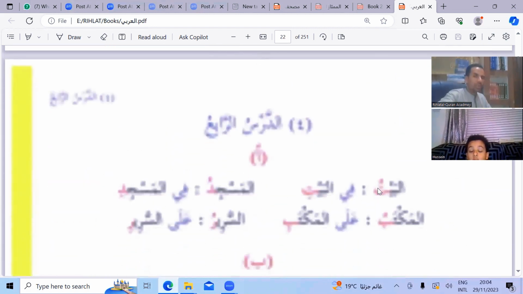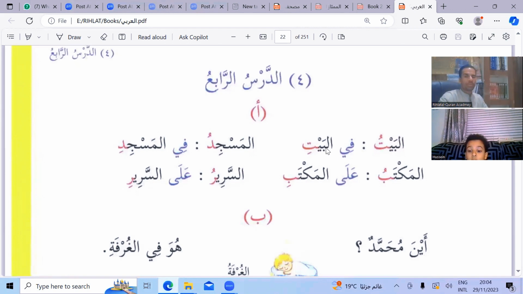So today we discussed one of the Arabic prepositions, which is fi. What does fi mean in Arabic? Fi means in. Okay. Al-baytu, the house. Fil bayti, in the house. Al-masjidu and fil masjidi. What is the difference? Fi al-masjidi is in the mosque.